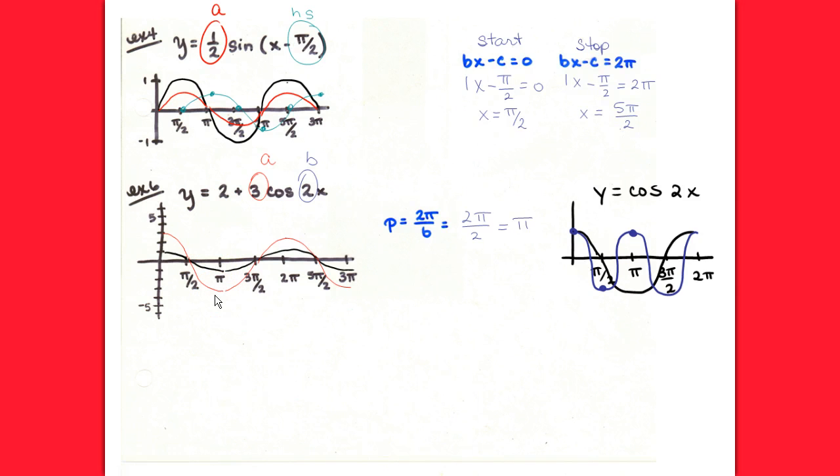So I can give myself some points and say, okay, I know it's going to start up at 3 and end up at 3, and halfway in between it's going to bottom out at -3. So I've got some guides for myself. Then I can connect those, and once I've got the first one, I can keep going and give 2 or 3 or 4, however many of these I want to give.